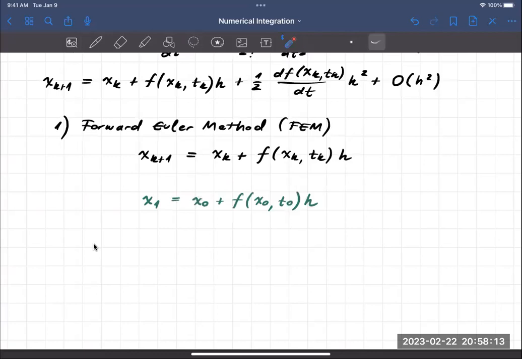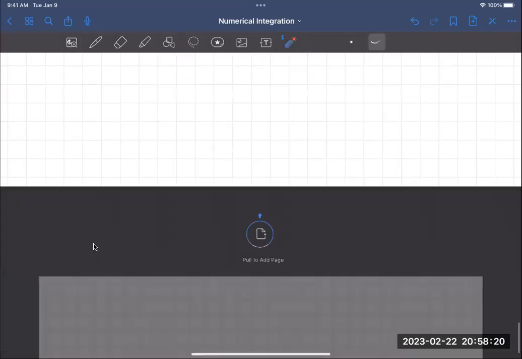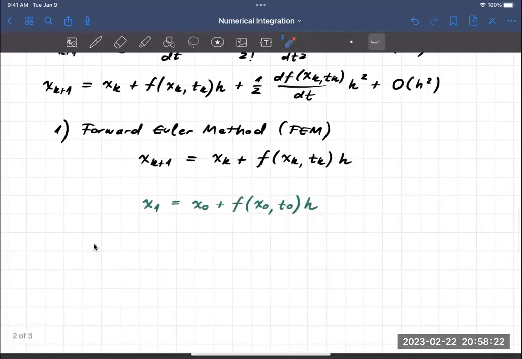If we use a small h, then we're going to have multiple points to calculate to get a numerical solution, but we're going to have good resolution of our approximation, right? Since we know this one, this one, and this one, and we know the function f that we can evaluate at those given points, then we can compute x1, definitely.